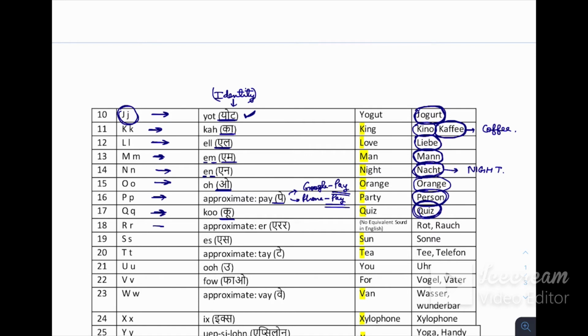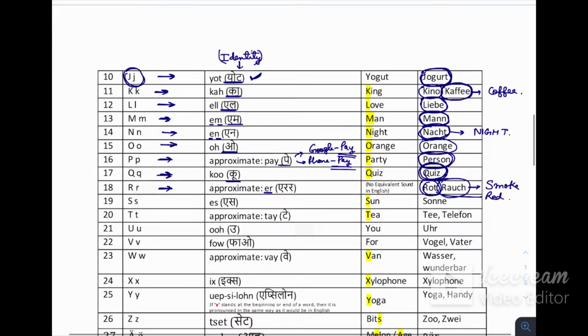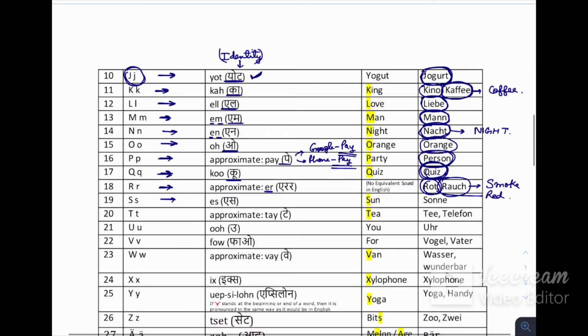Clear? R is air, as in rot. Rauch means smoke and rot means red. Clear? S is S, as in Sonne. Sonne means sun.